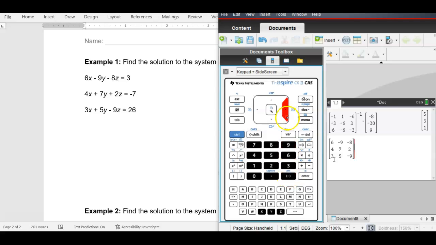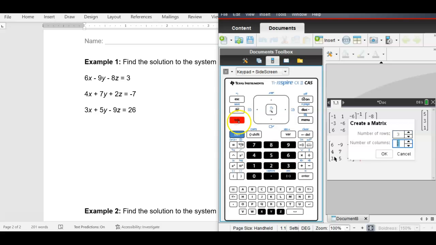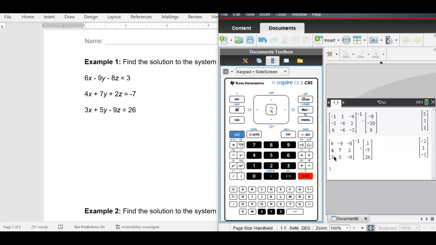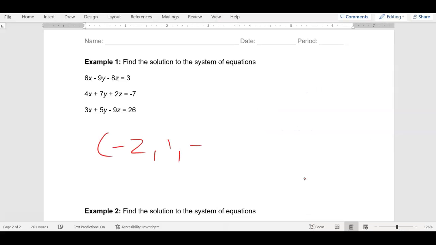Go to the right, caret negative 1. Go to the right, menu 711. It's got to be a 3 by 1, and it's 3, -7, and 26. Did you get -2, 1, -3? Make sure you write it like this, -2, 1, -3.